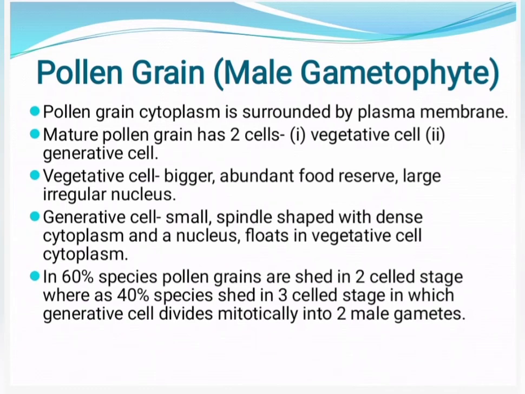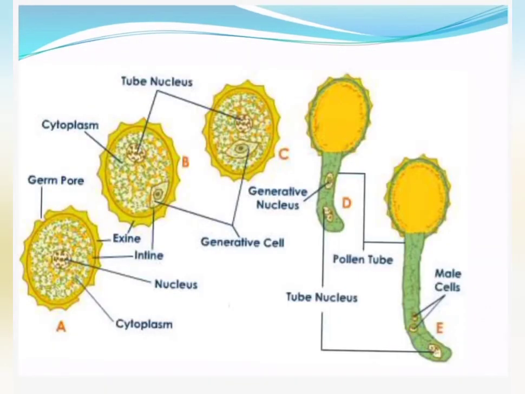But in some plants, the generative cell may divide into 2 male gametes before the liberation of pollen grains from the anther. Once the pollen grain reaches the stigma of the carpel, the further development of the male gametophyte takes place on the gynoecium. So this is a picture showing the development of the male gametophyte with the formation of male gametes.